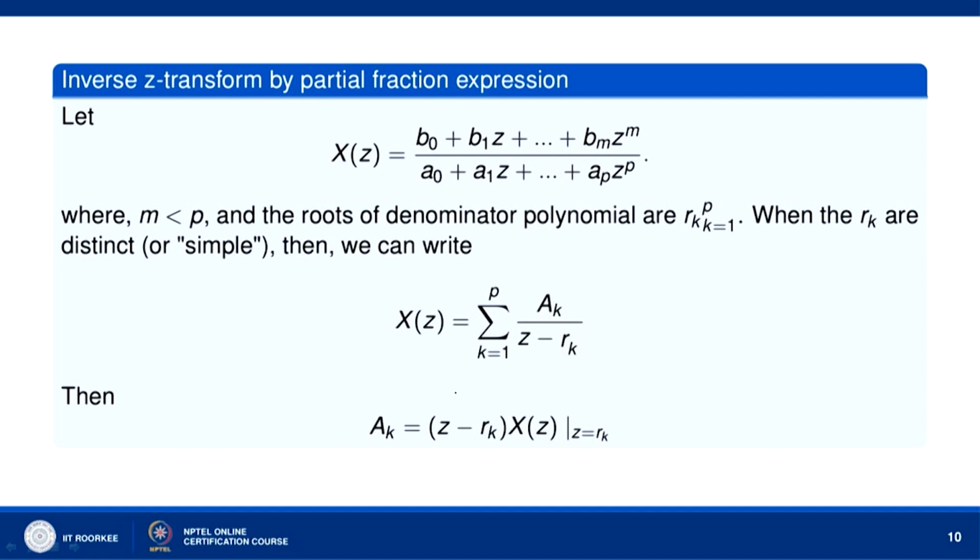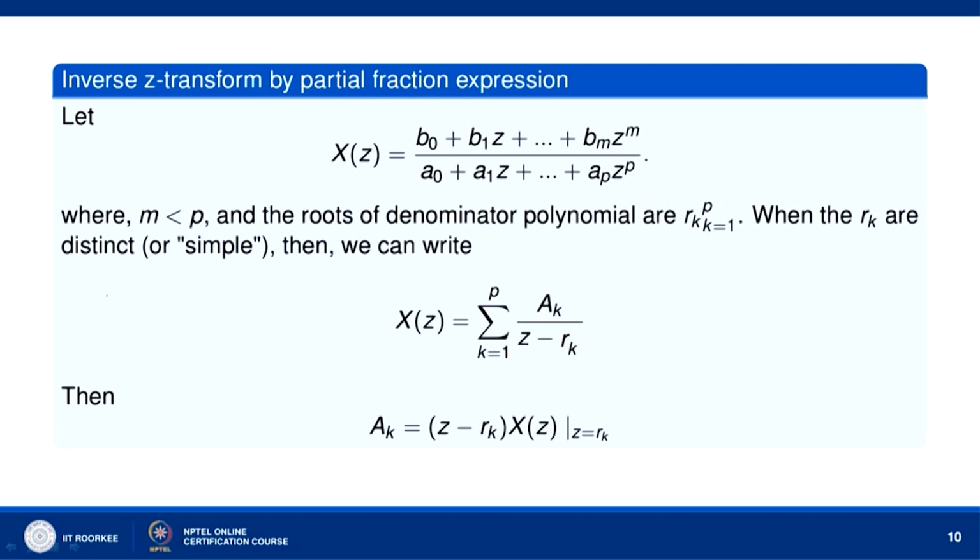Since r k's are distinct, the a k can be found out directly. A k will be equal to z minus r k into X(z) at z equal to r k. So, we know the value of a k's now. Now, in order to find the inverse z transform of X(z), we have to bring the right hand side to the standard form.